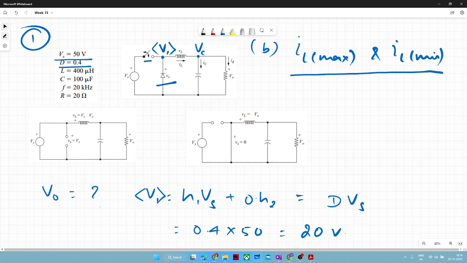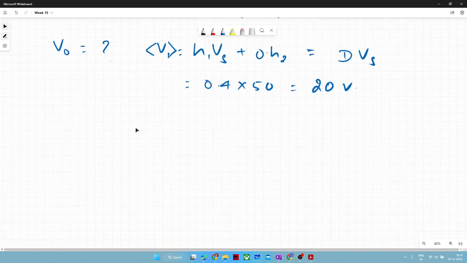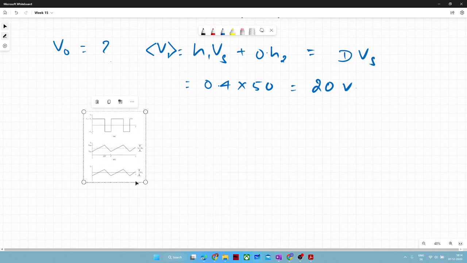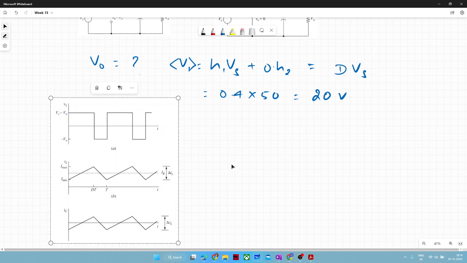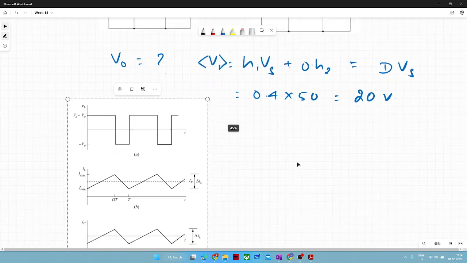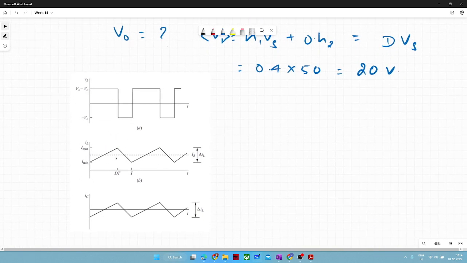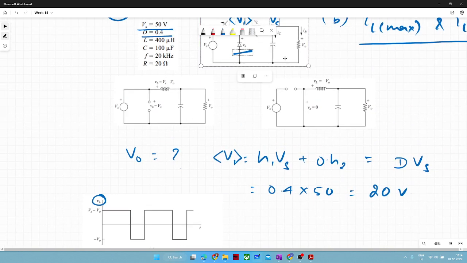Okay. And this waveform I wanted to show. Let me show the waveform. This is a typical waveform of a buck converter. For the period of switch conducting, the voltage across inductor will be Vs minus V naught. Let me take this circuit in parallel.